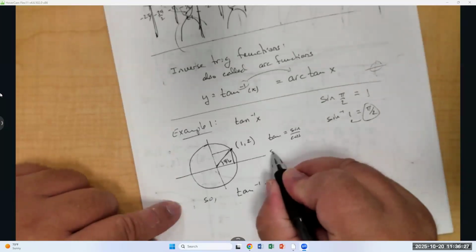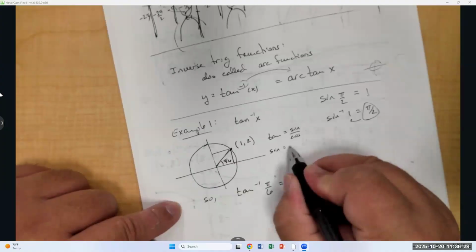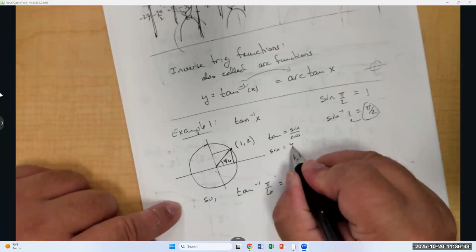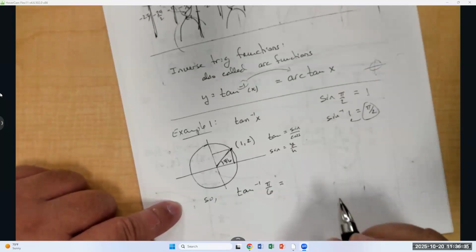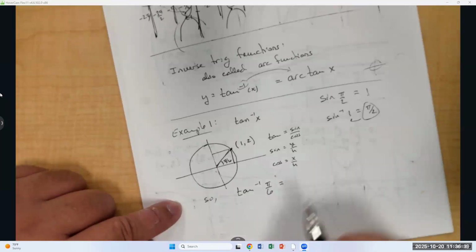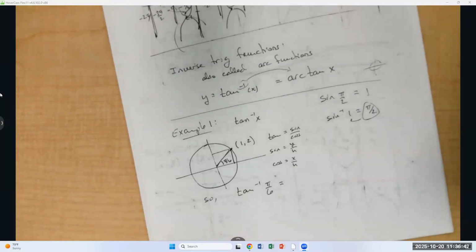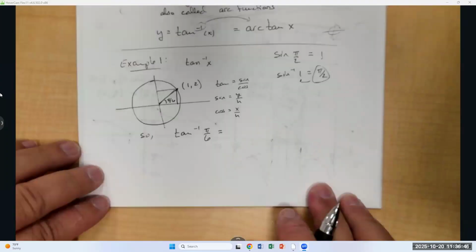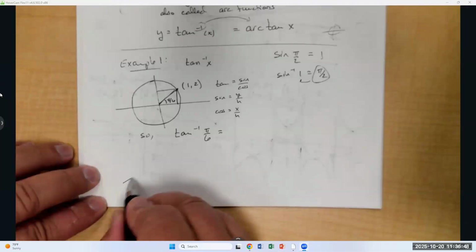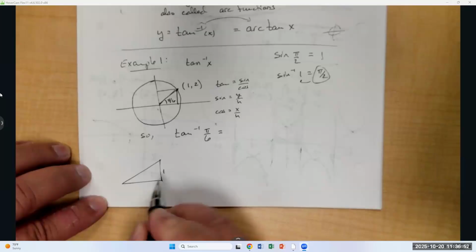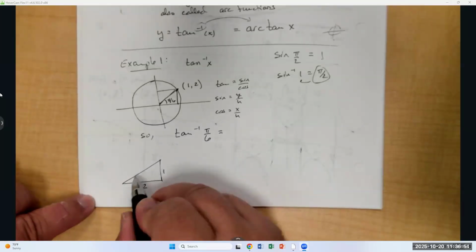What is sine? Sine is the y value over the hypotenuse. Cosine is the x value over the hypotenuse. So in order to solve this, we have to find the hypotenuse.